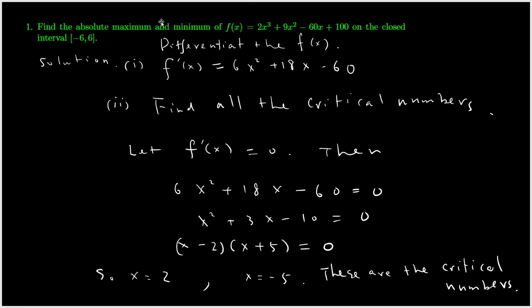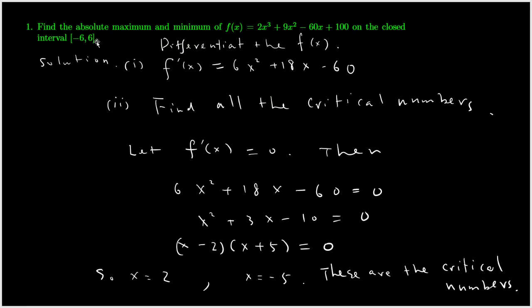I want to repeat the logic. If a function is continuous on some closed interval, we have only two types of possible locations. One type is the critical numbers. The other type is the two endpoints. In this question, we have only 4 possible locations.